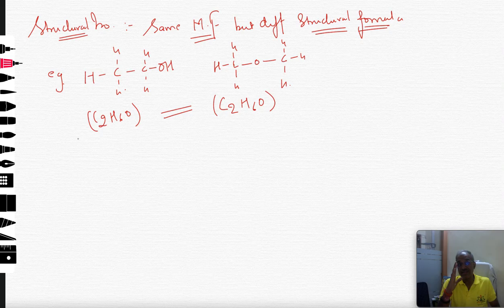But which isomerism has to be given the first preference, I will also tell you in the lecture. Now we will see different types of structural isomerism. First is chain isomerism.